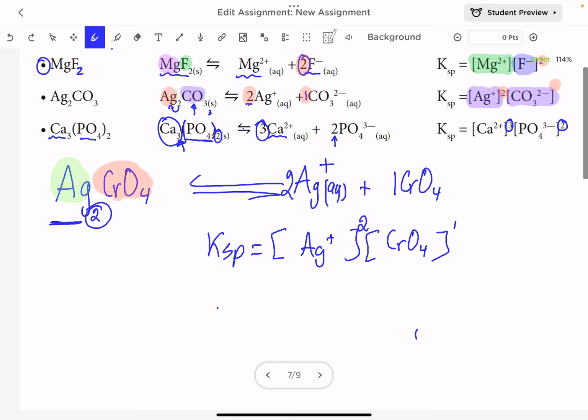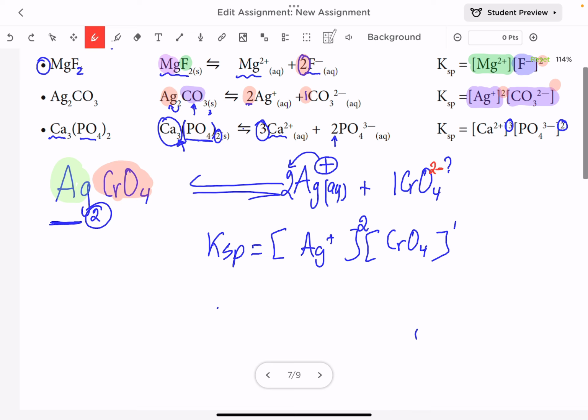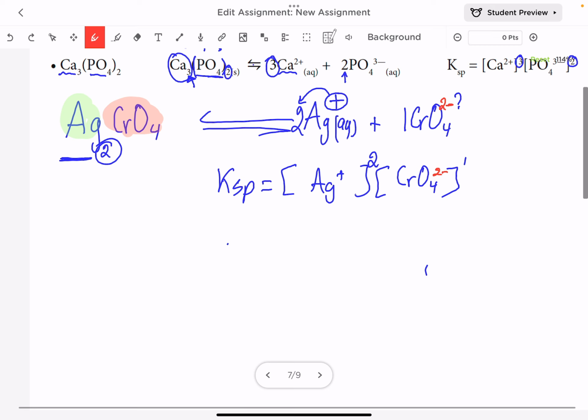Now the last information I need to know is the charge of this CrO4. Ask yourself, if silver is positive 1 and I need 2 of it, it means that the total charge is 2 plus, therefore the charge of the CrO4 is 2 minus. And here's the formula.